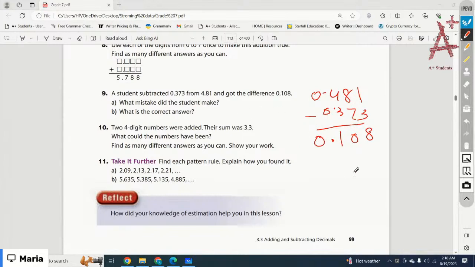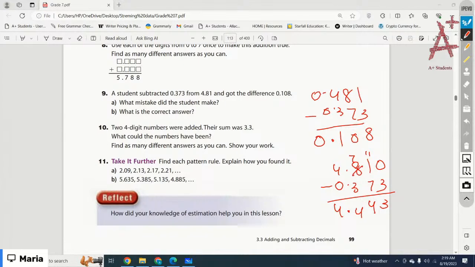And the original difference you have to find is just subtract 4.81 minus 0.373. You cannot subtract 3 out of 1, so 11 take away 3 is 8, 7 take away 7 is 0, and 4 take away 0 is 4.